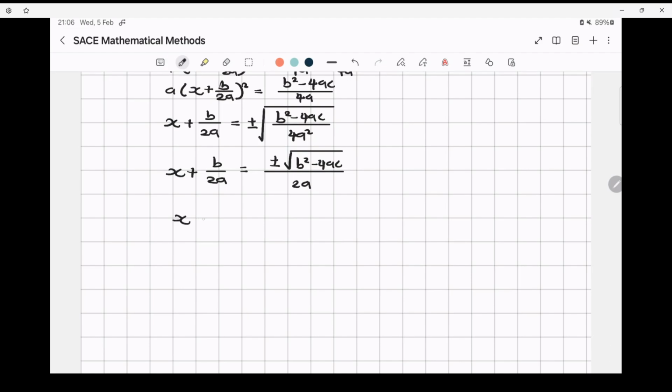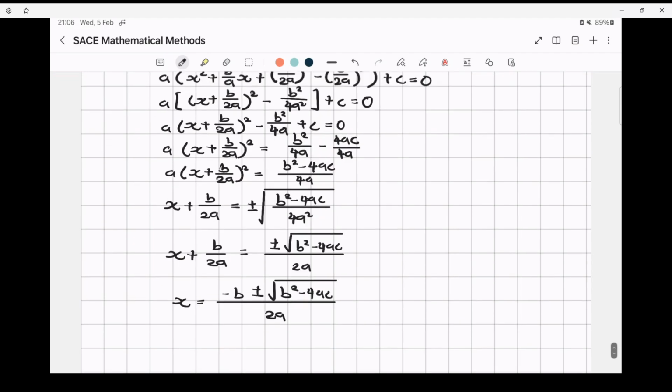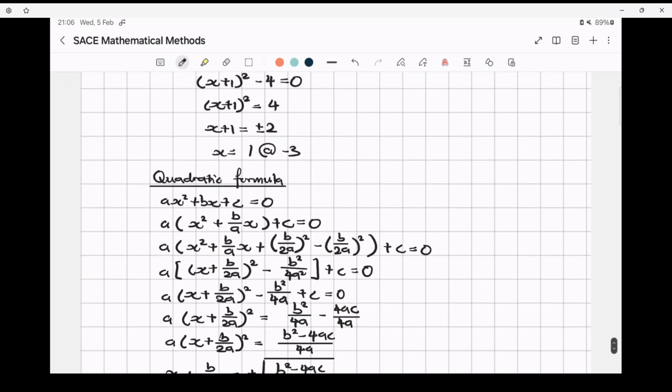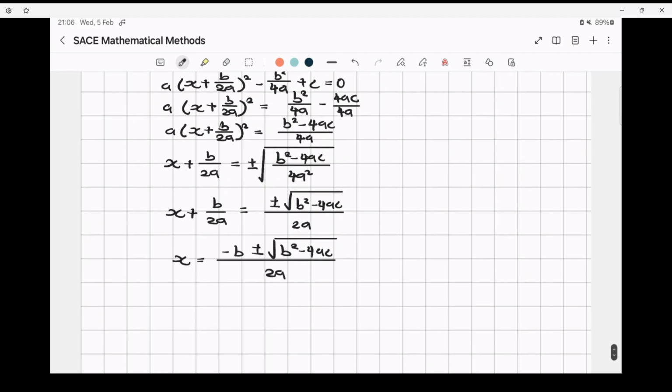So x will be equal to minus b plus or minus the square root of b squared minus 4ac, divided by 2a. So this is how you would get your quadratic formula. So this is your quadratic formula. Basically, you derive it based on completing the square.